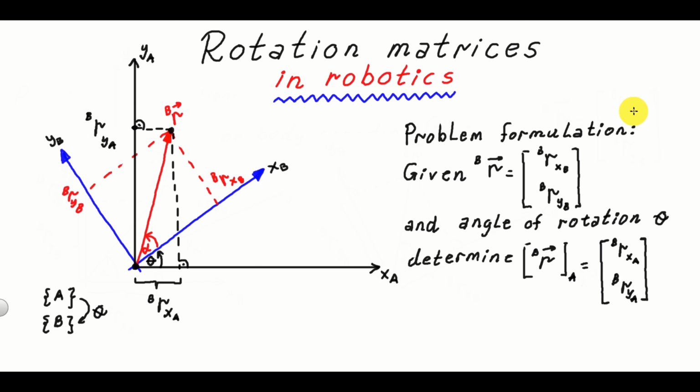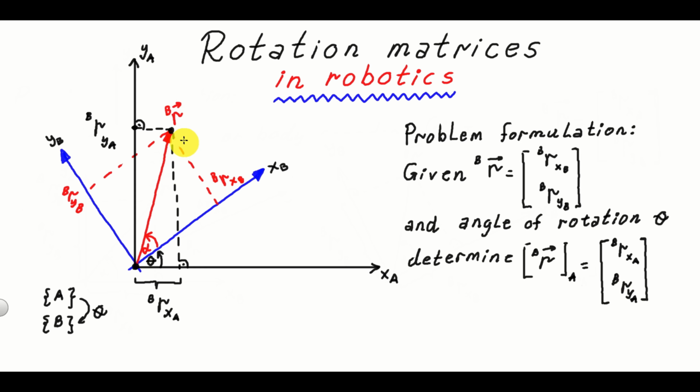Here's the problem formulation. Given the vector RB with its projections in the coordinate system B, that is, given RB XB and RB YB, and given the angle of rotation theta, we want to determine the projections of the vector RB in the coordinate system A. That is, we want to determine RB XA and RB YA. Let's reformulate this problem graphically.